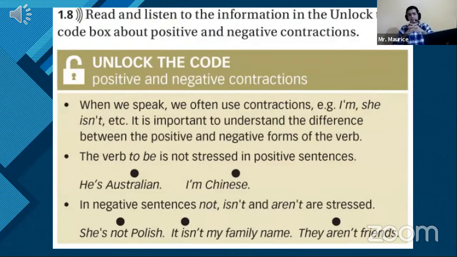Contraction means when we have two different words and we put them together, like you are. We take both words and put them together like this, and we have the word you're. Now you're going to listen and read. Pay attention, guys.